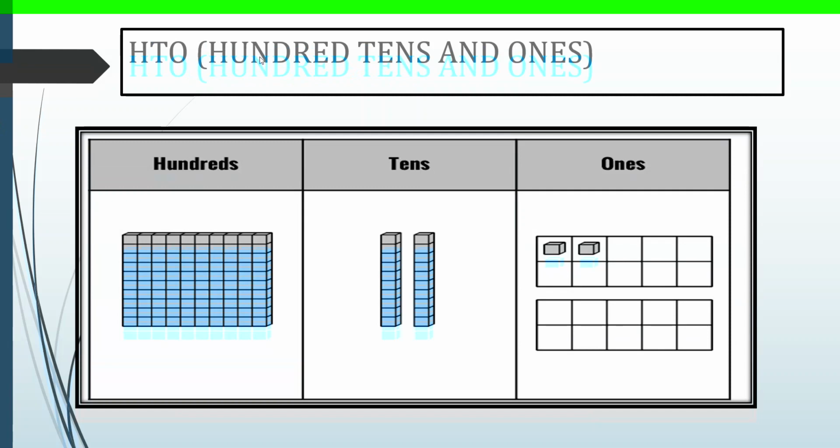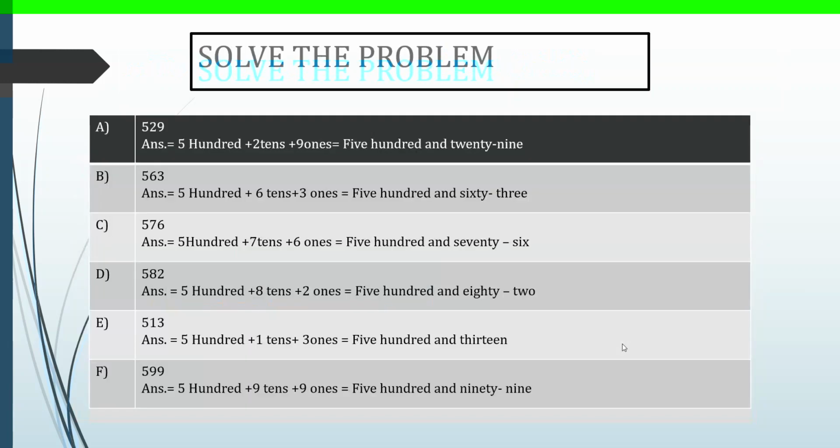Okay. In this slide, you can see the HTO. H means hundreds, T means tens, and O means ones. You can solve the problems for 529. In this number, you can see the number 529. In the answer, you can write 500 plus 2 tens plus 9 ones is equal to 529.